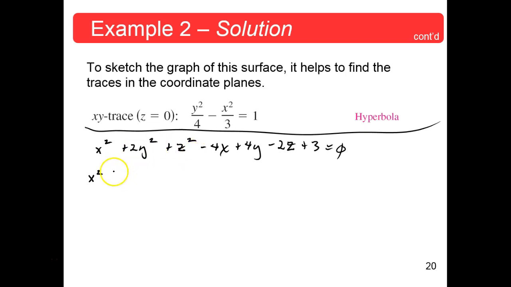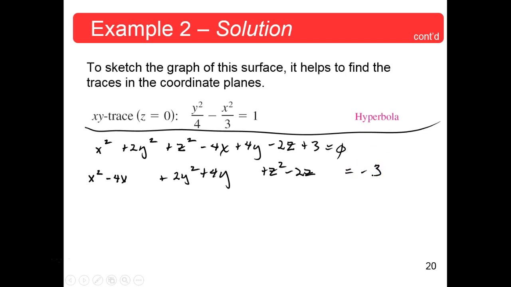So get your x's together. X squared minus 4x blank plus 2y squared plus 4y blank, the book doesn't do this, obnoxious blanks, plus z squared minus 2z blank is equal to -3.